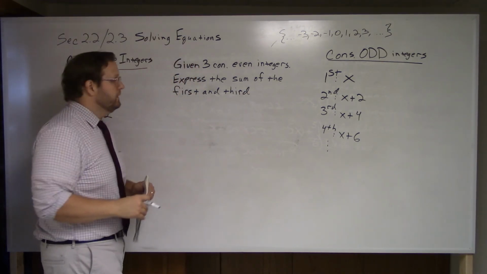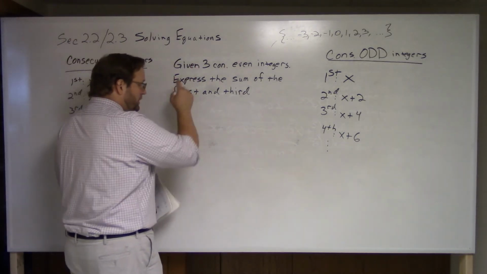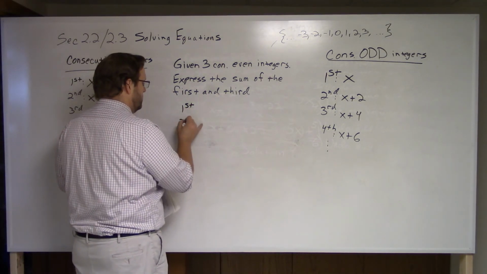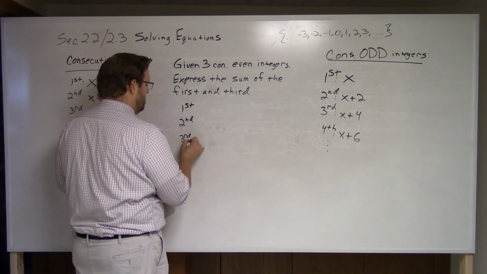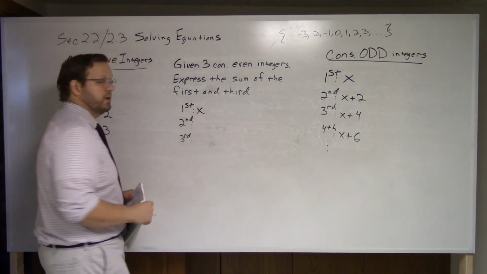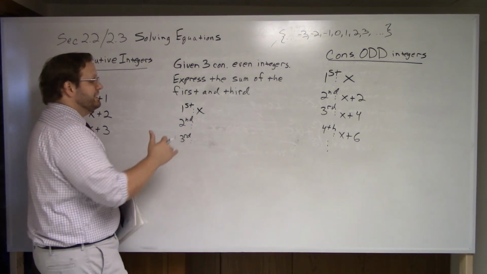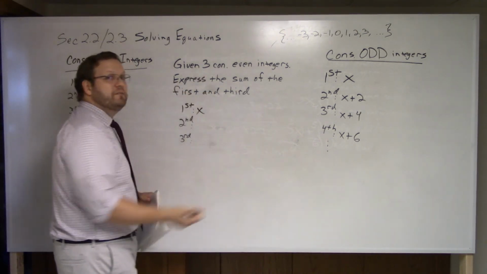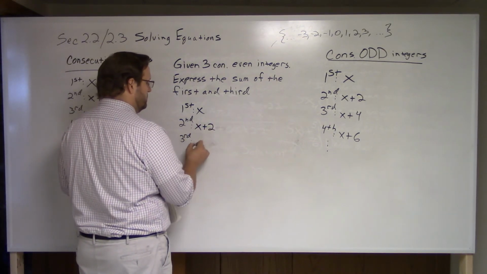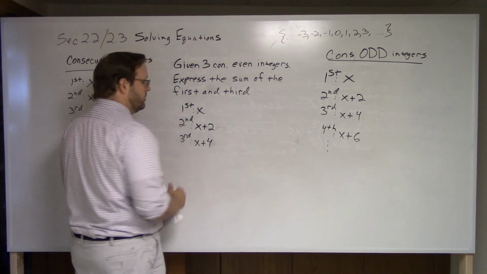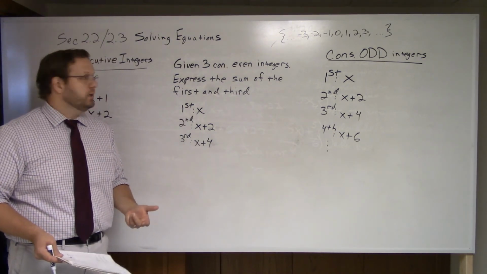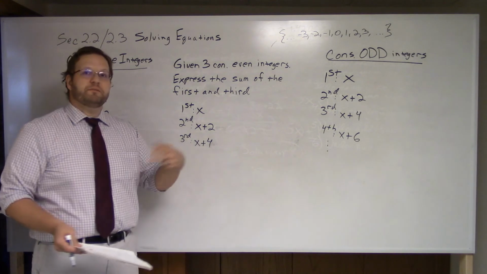Okay? Now, we have how many integers? We have 3. First, second, third. No matter what kind of integers they are, I start with x. But then, to get the rest of them, it's consecutive even integers. So what am I adding? I'm adding 2. I'm adding 2 more. Those are my pieces to the puzzle. Okay? But then they say express the sum of the first and the third.